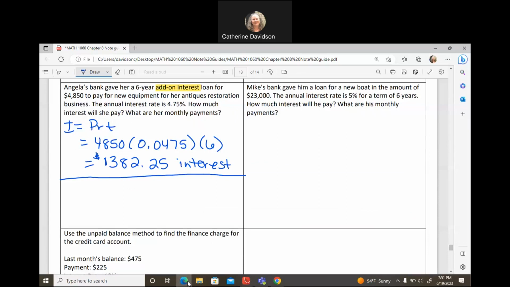How will we figure that out? We're going to add the $48.50, that's the loan amount, plus the interest. That's going to give me the total amount that she's going to pay back. And then we're going to divide that by what? It's 6 years, monthly payments. So 6 times 12 is 72.